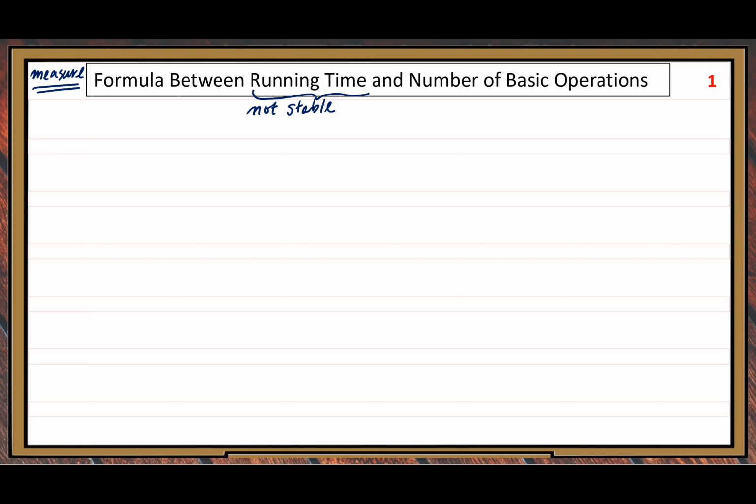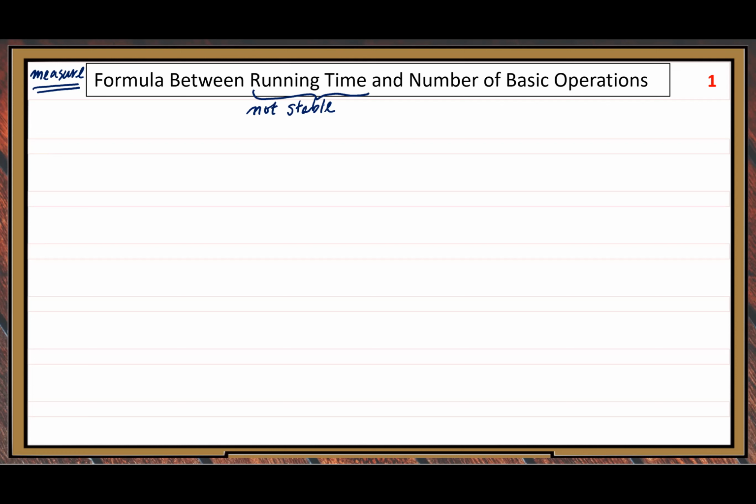The result, execution time, could be very different. The difference could be pretty big. So we cannot use this direct measure for a comparison. Okay. So later, we want to switch to a stable measure.